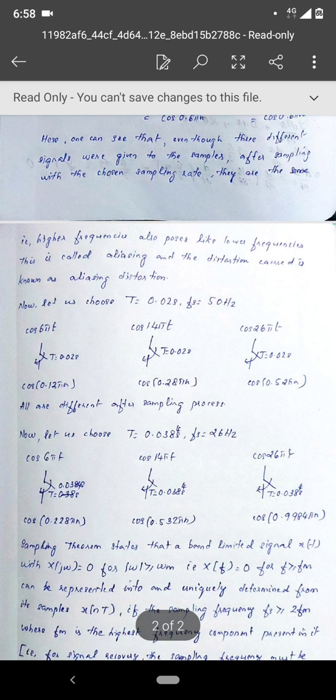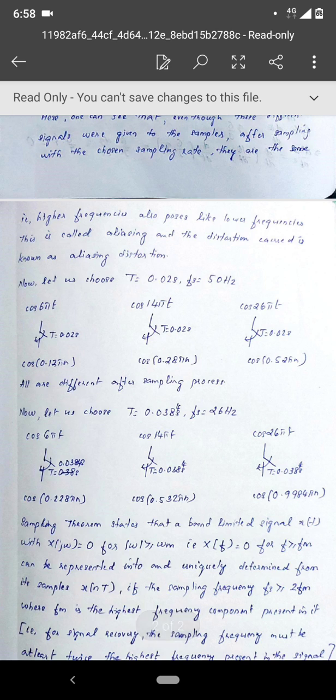Same procedure. Instead of small t, we replace by n capital T. T you substitute as 0.02 seconds, and what you get is that cos 6 pi t becomes cos 0.12 pi n. Cos 14 pi t becomes cos 0.28 pi n. And cos 26 pi t becomes cos 0.52 pi n.